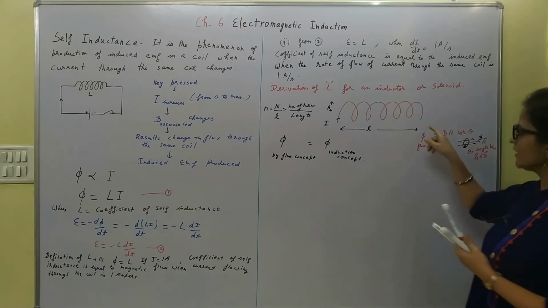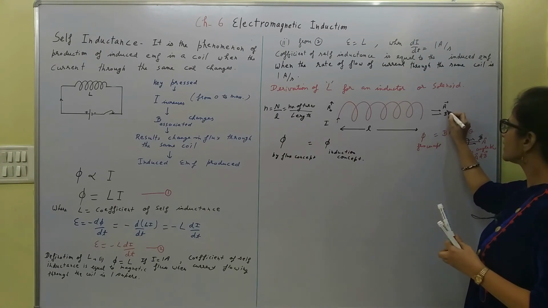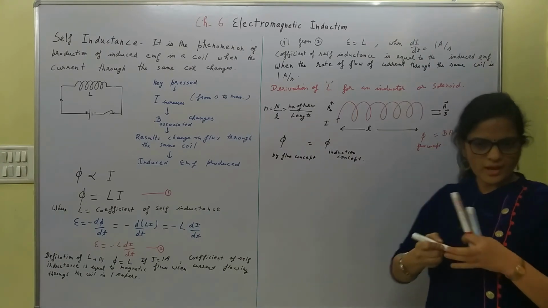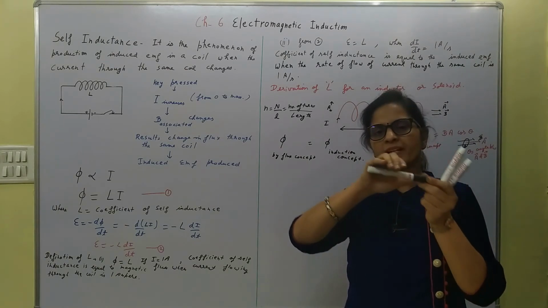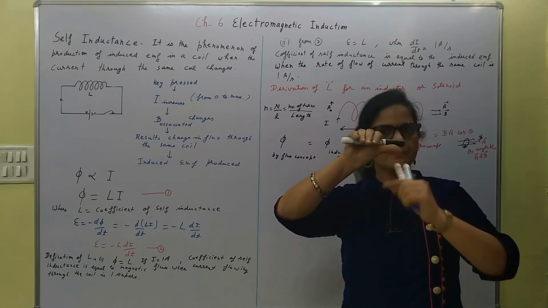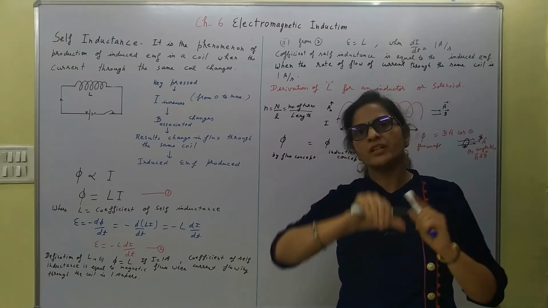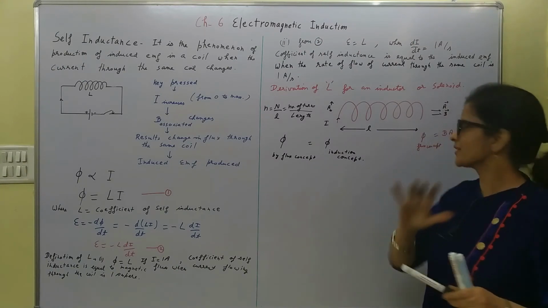In this case the area vector will be this and the magnetic field will also be this. Why so? If you have a coil, the direction of magnetic field is given by the right hand thumb rule. Fingers give the direction of the coil, or you can say the direction of current, and thumb gives the direction of the magnetic field, right?